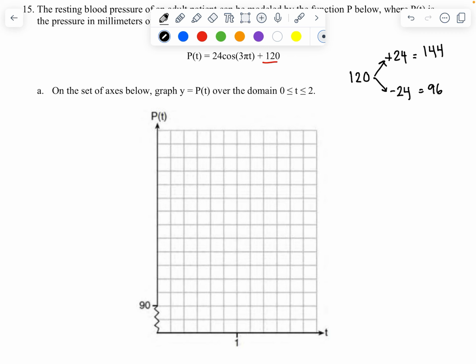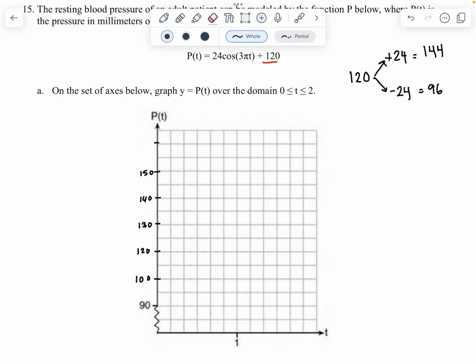Okay, so if my highest is 144, let's see, if I go 100, 110, 120, 130, 140, 150. Yeah, I'm going to go by tens. So 100, 110, 120, 130, 140, 150. And you could do it any way you want.